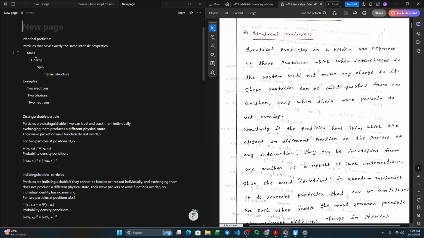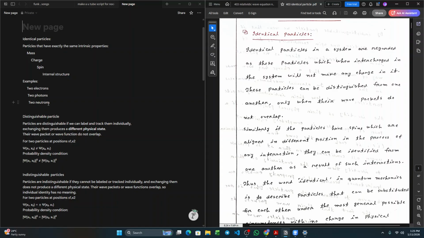They have the same mass, same energy, same charge, same spin, same internal structure. Two electrons are identical, two protons are identical, two neutrons are identical particles.